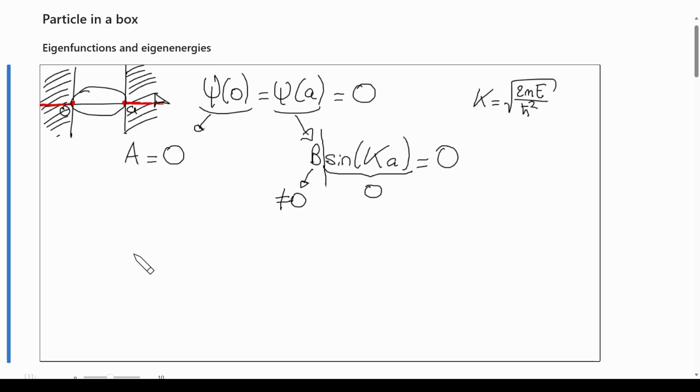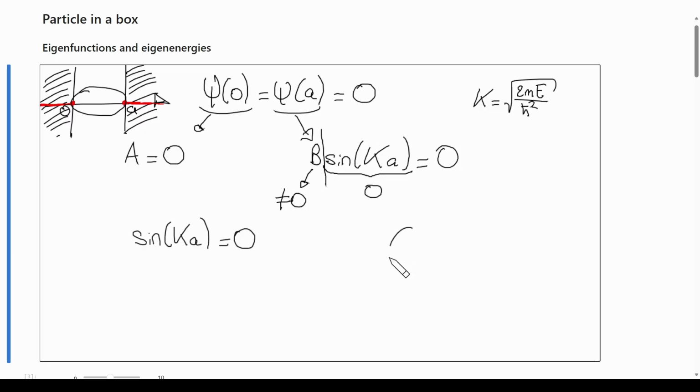Therefore, for the particle to exist in the box, it has to verify some constraints on its energy. There are some constraints on the energies that the particle can have. So let's solve for the possible energies that the particle can have by solving sine of kappa a equals 0.